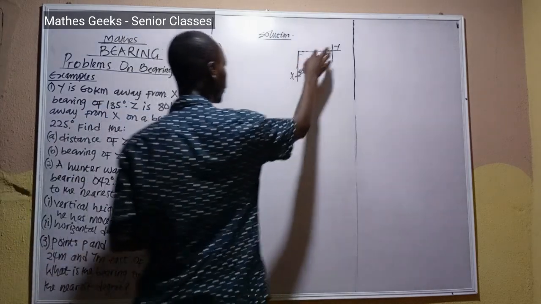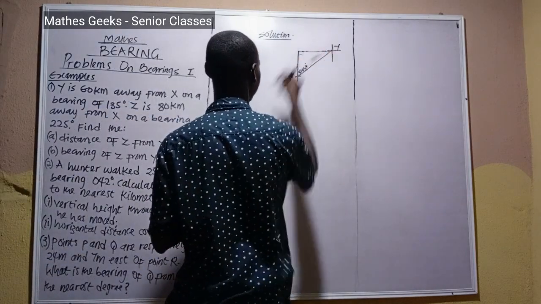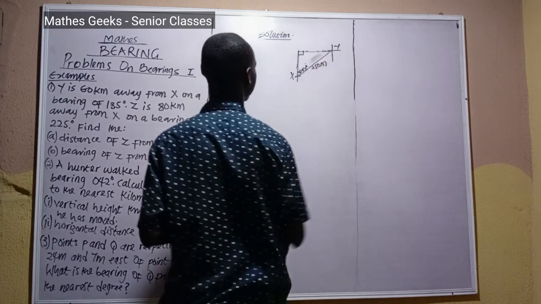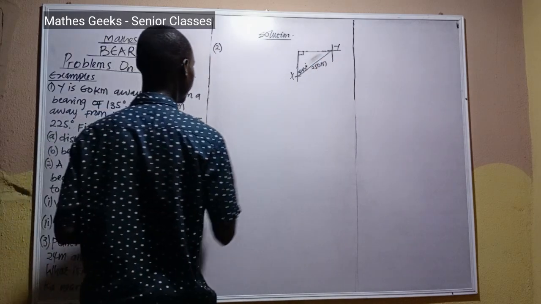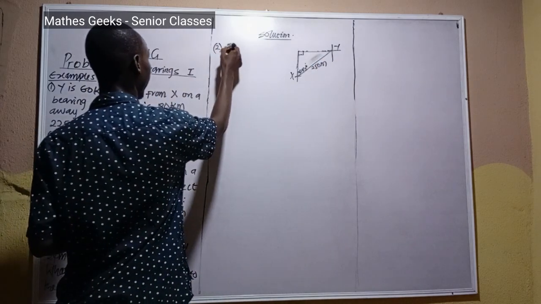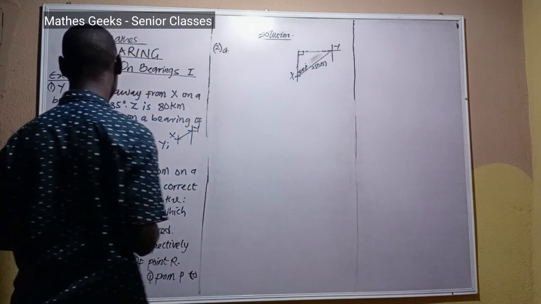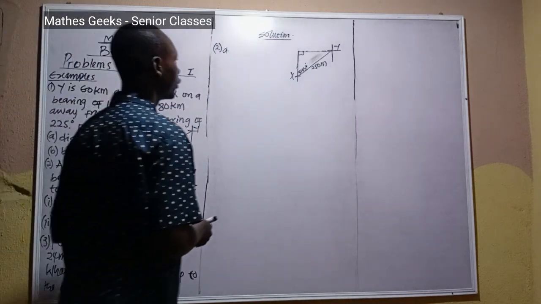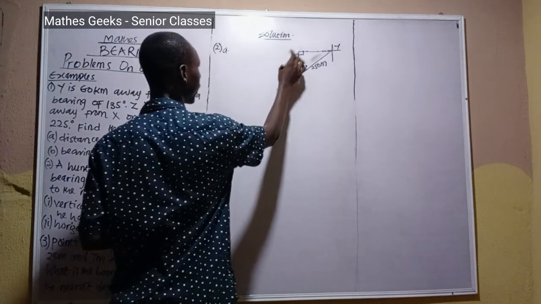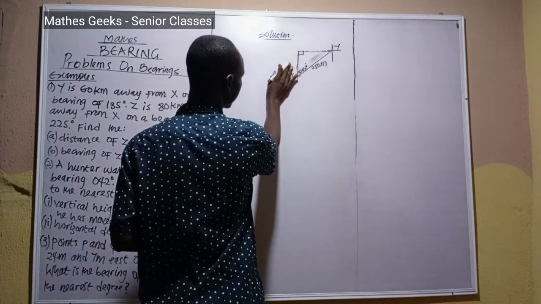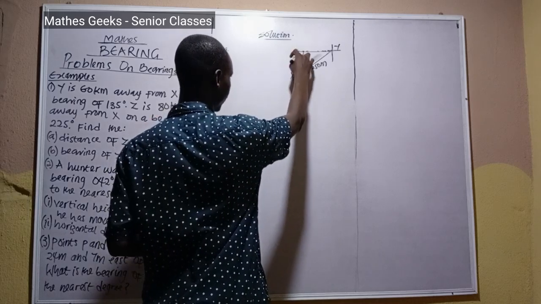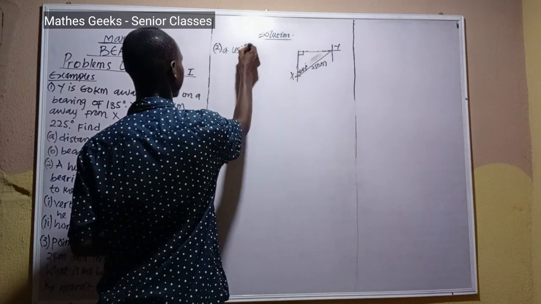Since we now have a right angle triangle, I'm going to put the distance at 250 meters. For A, we are going to calculate the vertical height through which he has moved. Using the ratios, this is adjacent, so this is the cosine ratio.